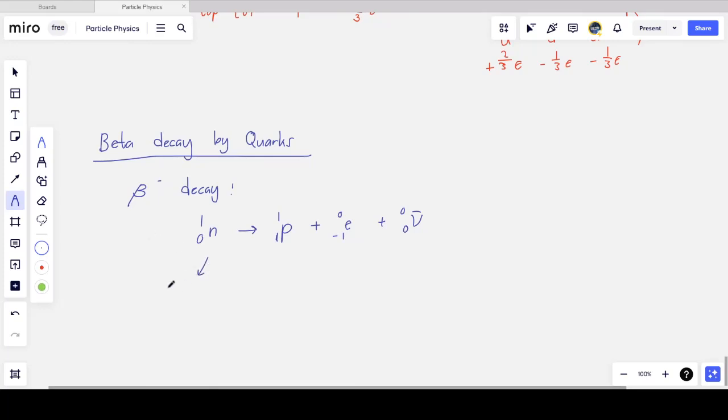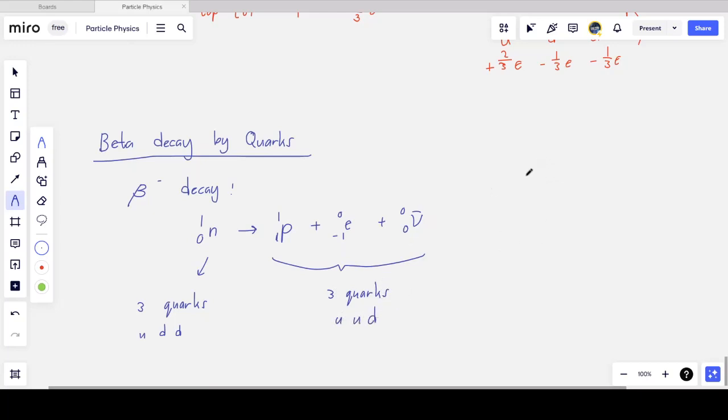So what we know is that a neutron has 3 quarks, that is up, down, down. And on the right-hand side here, the only place I will find quarks is in the proton. And I also have 3 quarks, up, up, and down.